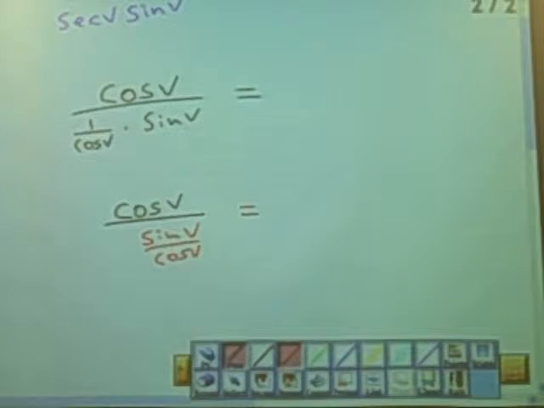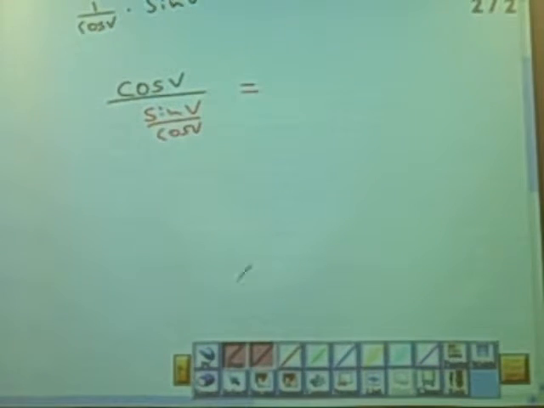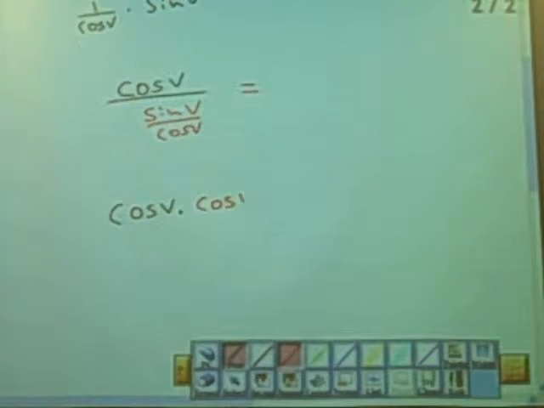And if we take our denominator and flip it, we can get cosine v times cosine v over sine v. So we took the denominator and multiplied the reciprocal to that.